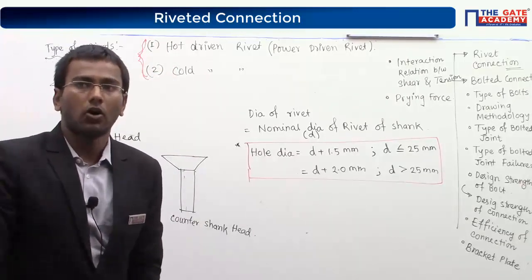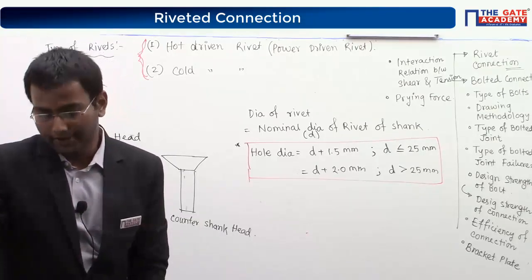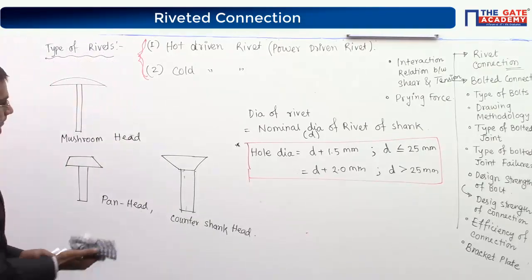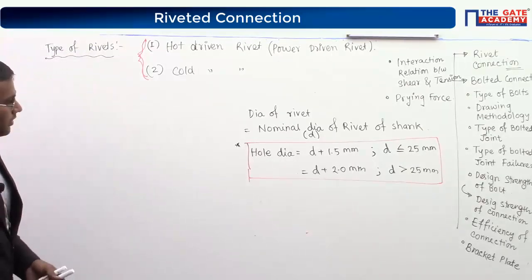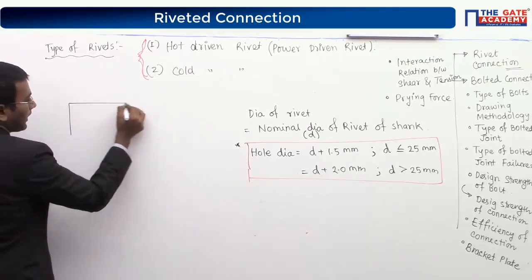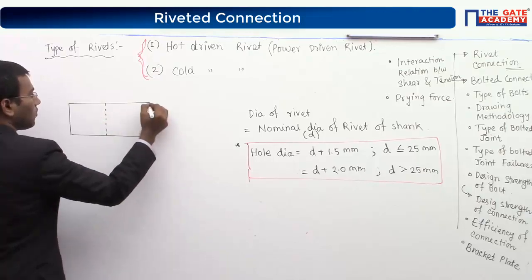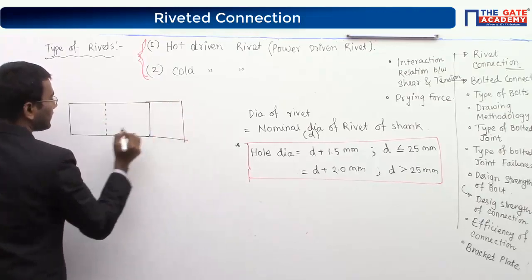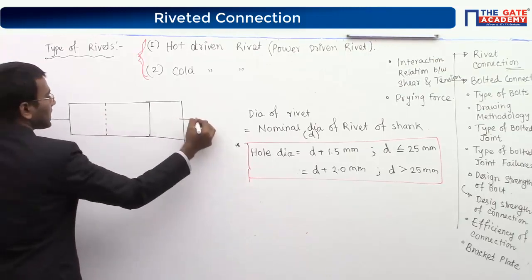Now, what is the meaning of hot driven rivet and cold driven rivet? Suppose I want to connect two flat plates, both subjected to some tensile force on this side as well as this side.